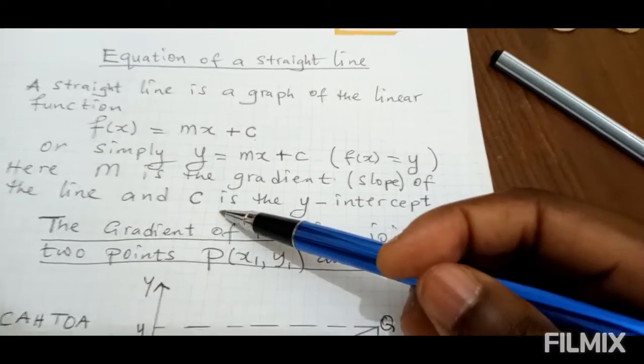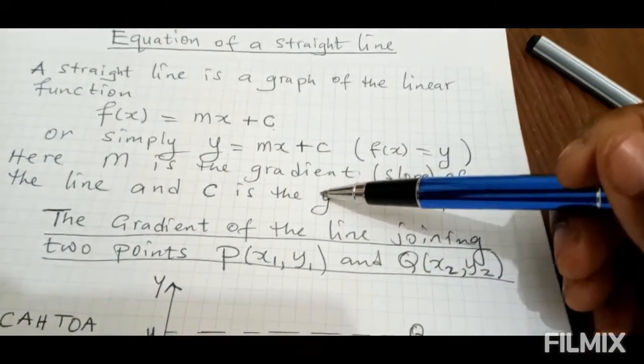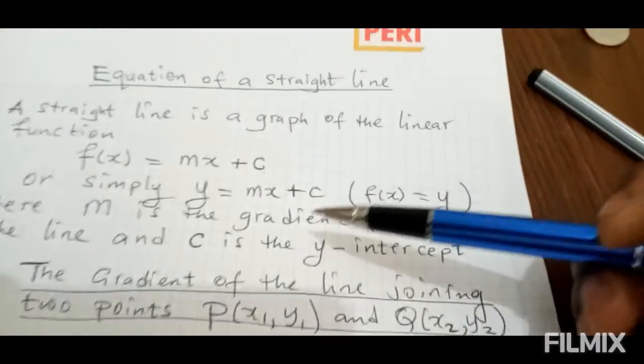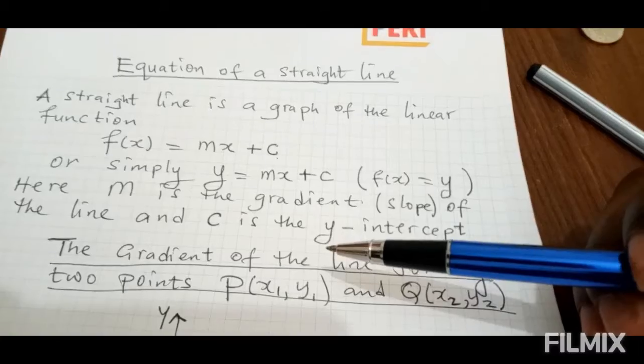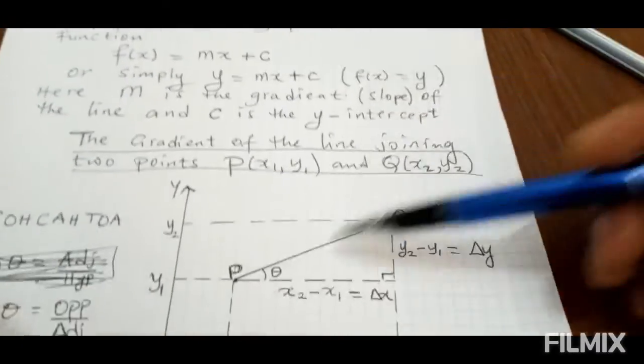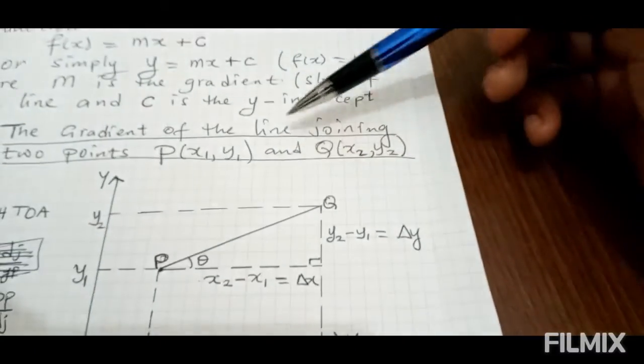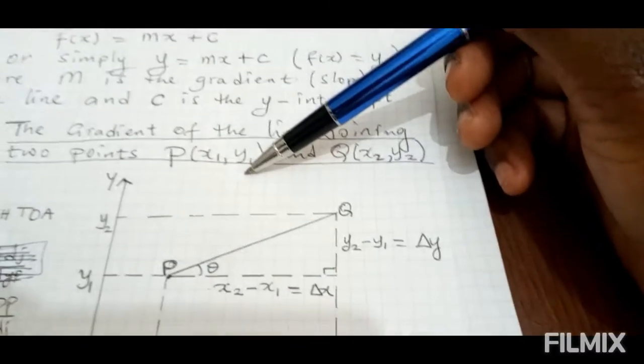So for us to talk about the equation of the straight line, we first of all have to know what the gradient is. So let's talk about the gradient. The gradient of the line joining 2 points.